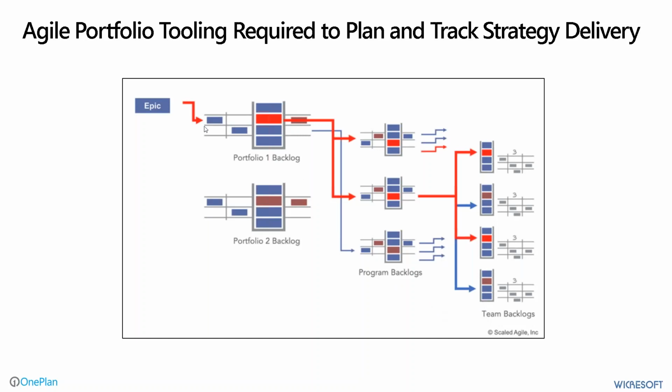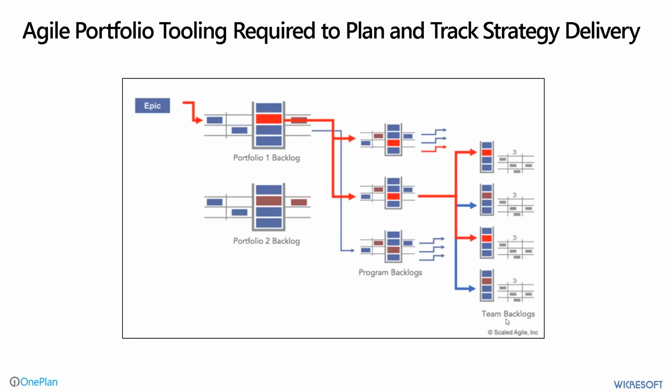So not only does that have to go down within the hierarchy, but it also has to come up to tell us exactly whether we have completed the epic. And that's really the important part of why you need to have tooling. You could be just defining even epics at the team backlog level within a solution. However, how are you going to know?